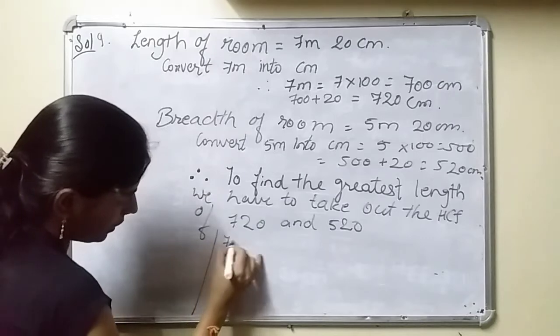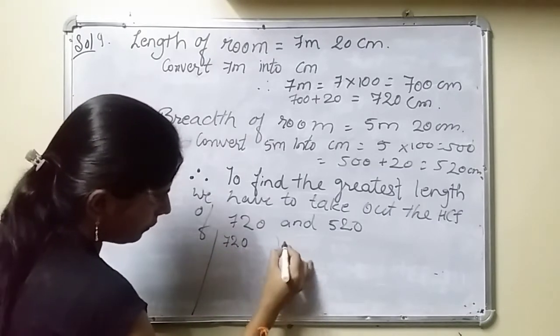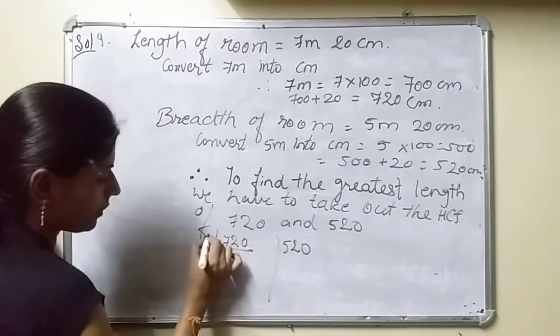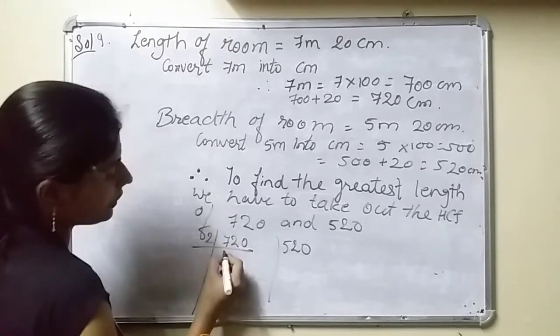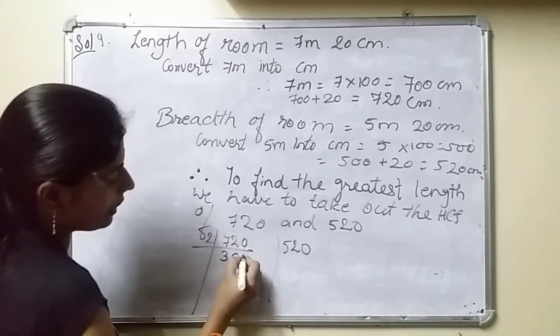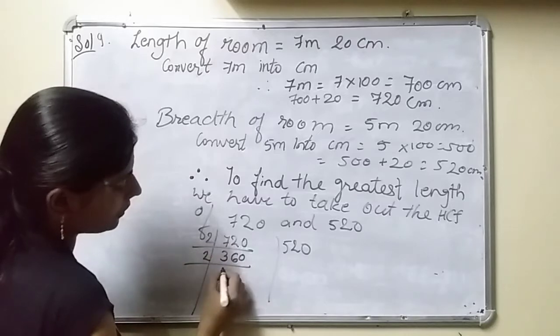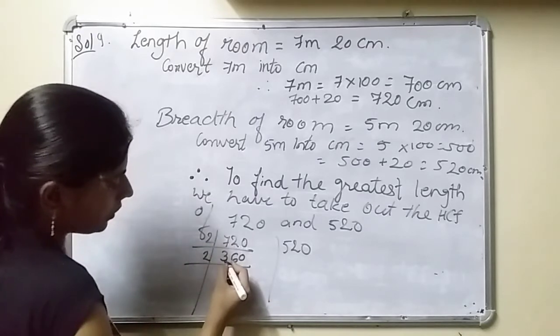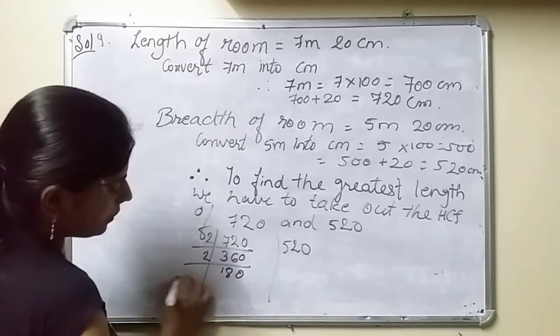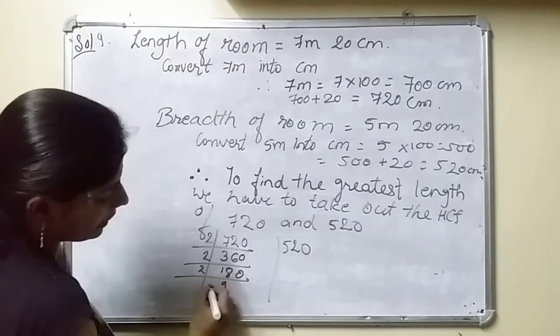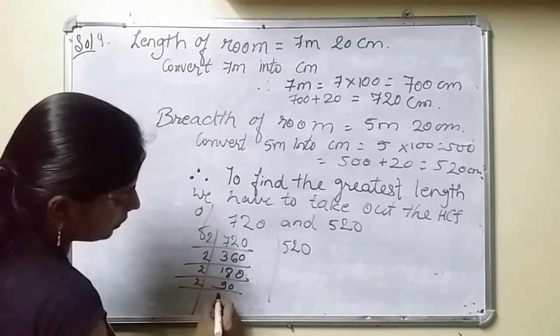So 720 here, 520. See, by 2, when you take 2 3s are 6, remainder 1, 2 6s are 12, 0, 2 1s are 2, remainder 1, 2 8s are 16, 0, 2 9s are 18, 0, 45.